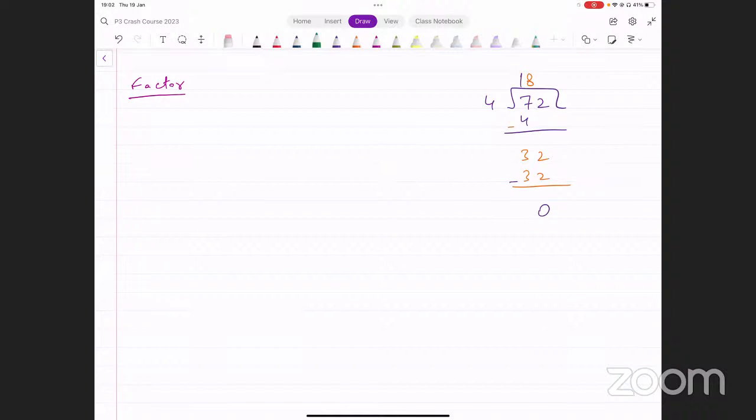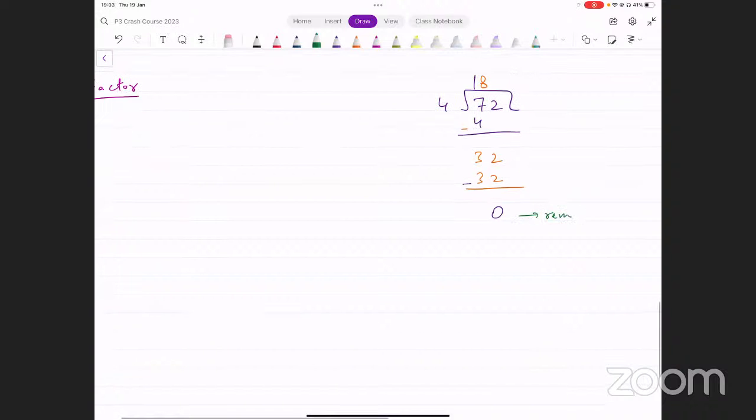Now, since the remainder is 0, we say that 4 is a factor of 72. So if one thing is divided by another, and the remainder turns out to be 0, that means the divisor that you've got there is a factor of 72.